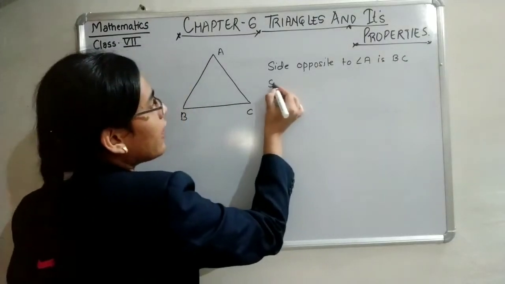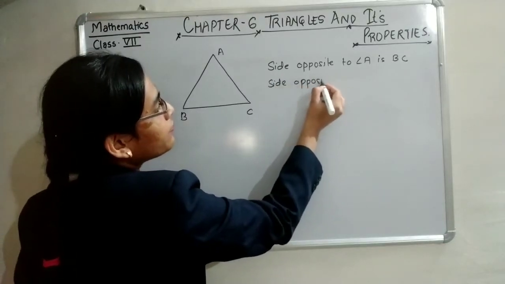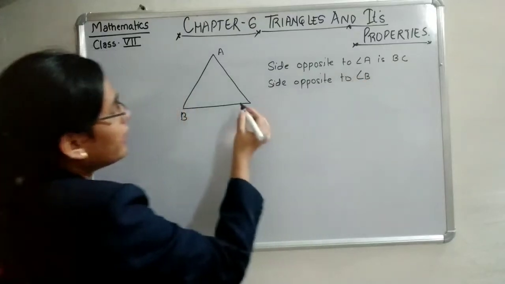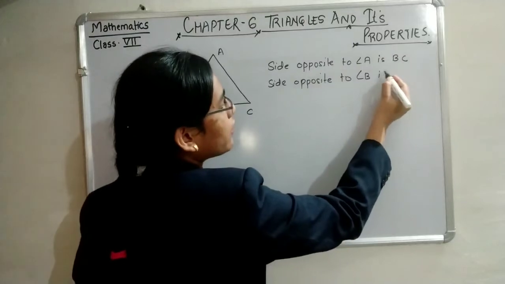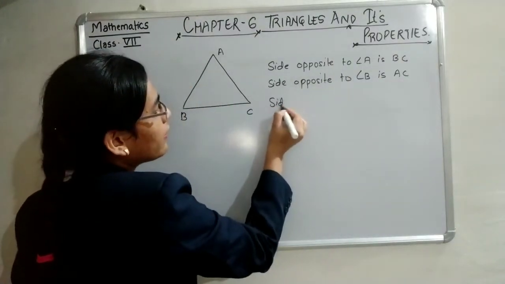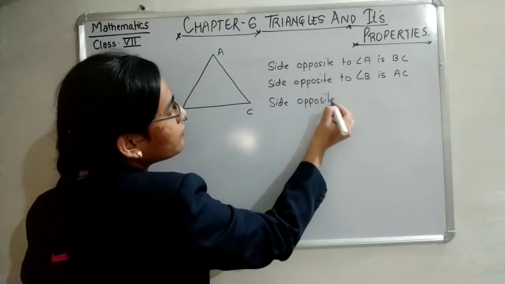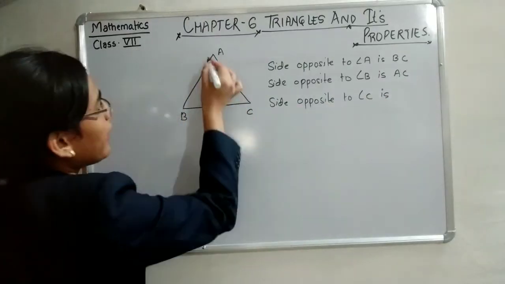Similarly, the side opposite to angle B is AC, and the side opposite to angle C is AB.